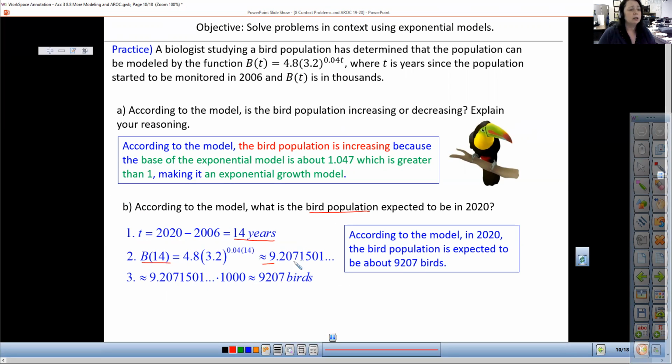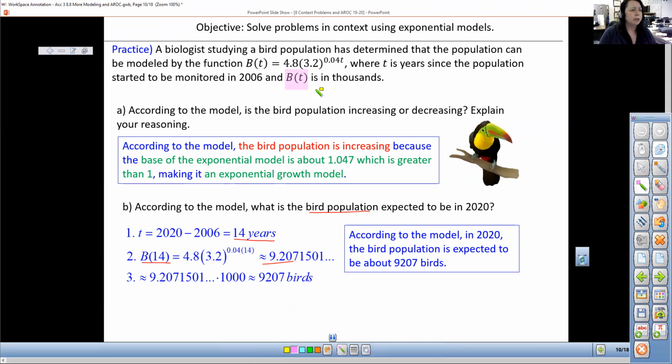And now this one, you might have gotten a little bit tripped up by this, but back here in the function, it says that your bird population, B of t, is in thousands. And so that's what this is about. So that means that the 9 doesn't mean we have 9 birds. That doesn't make any sense. In fact, the starting amount was 4.8, which doesn't make any sense either for birds.